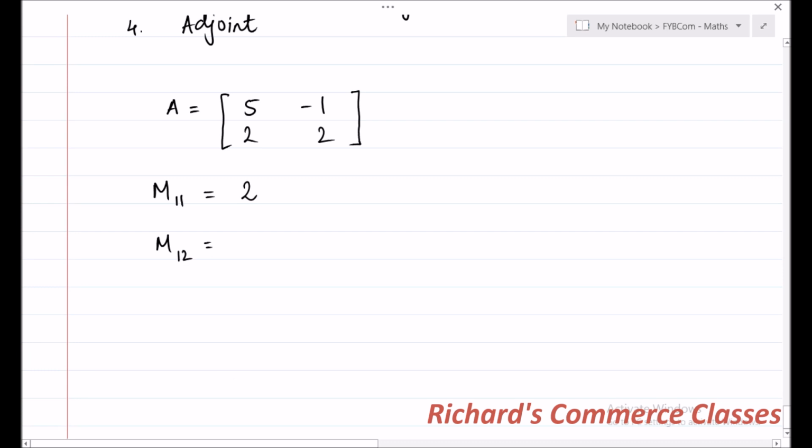M12 is equal to 2. M21 is equal to minus 1, and M22 is equal to 5.